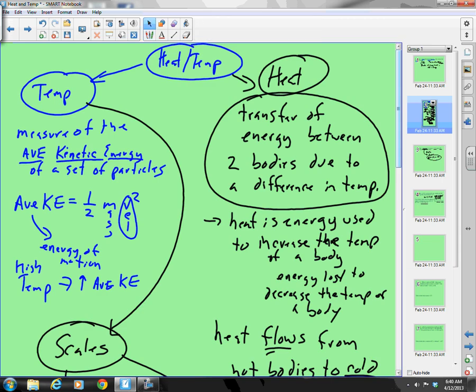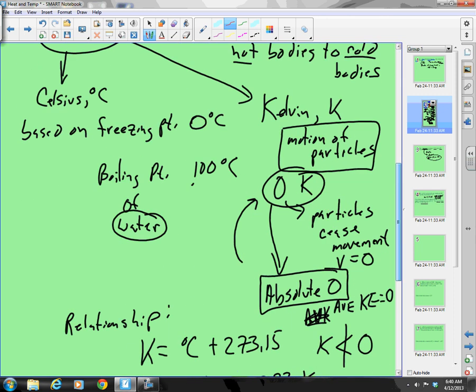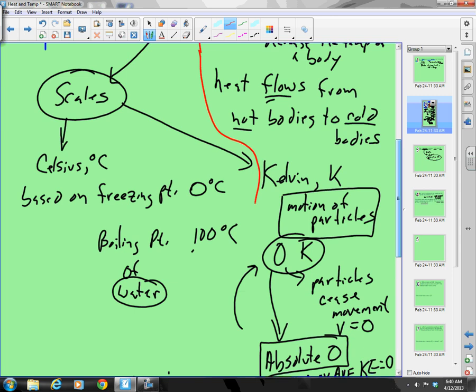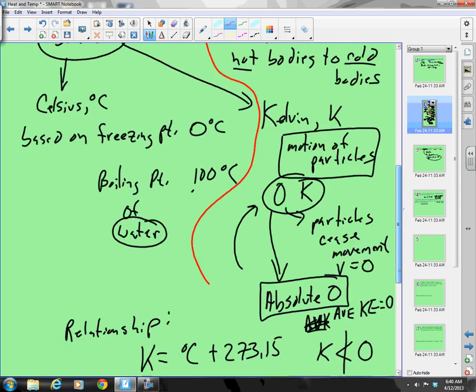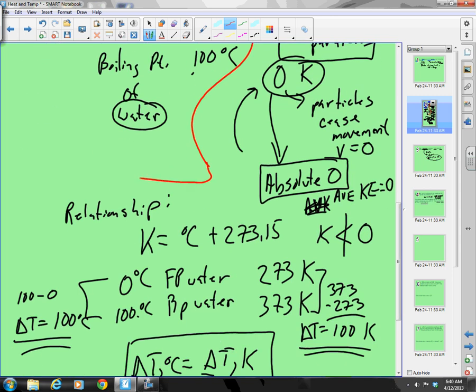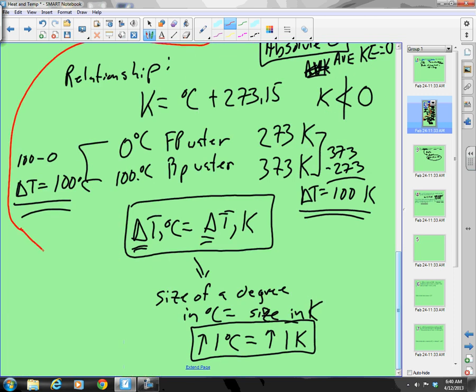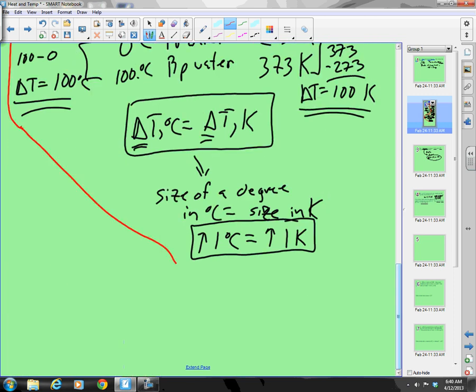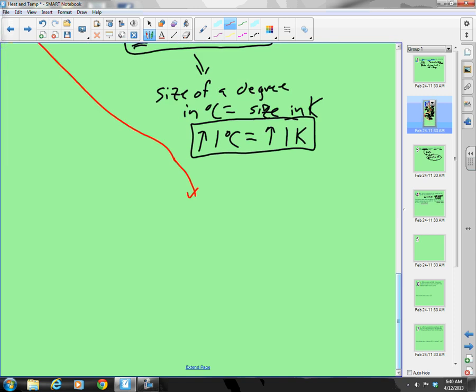Okay, we want to talk about heat transfer a little bit.